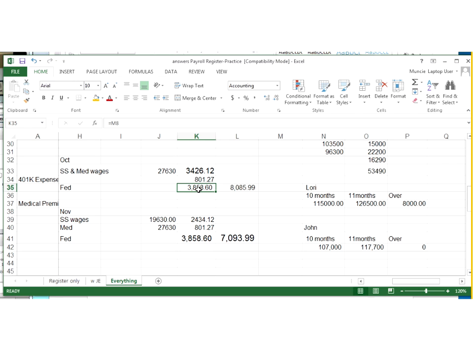And then the federal withholdings aren't going to change. They still had 3858 back up from our payroll register. So the employer needed to make a payment for these taxes on the 941 of $8,085.